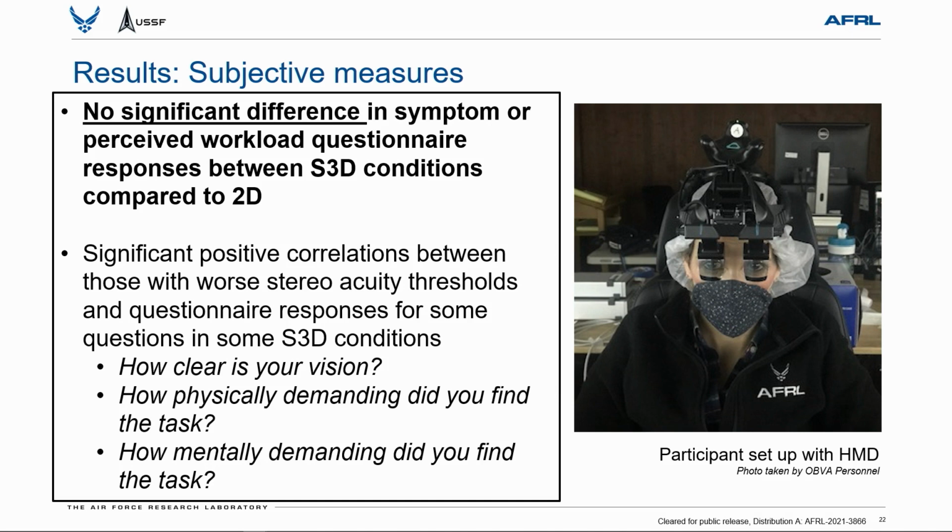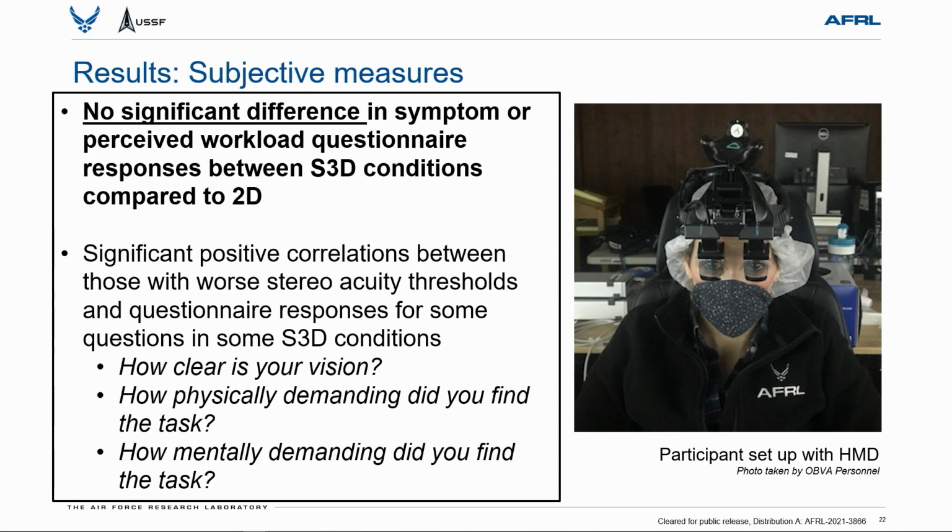What about subjective measures? So we asked 5 symptom questions on ocular fatigue, both before and after each condition. And we also asked a workload questionnaire at the end of each condition based on the NASA TLX. And we found no difference between the stereo 3D conditions and the 2D conditions in ocular fatigue symptoms and perceived workload.